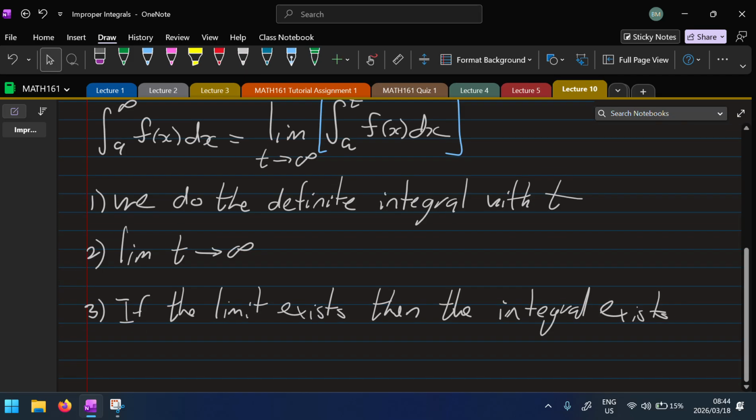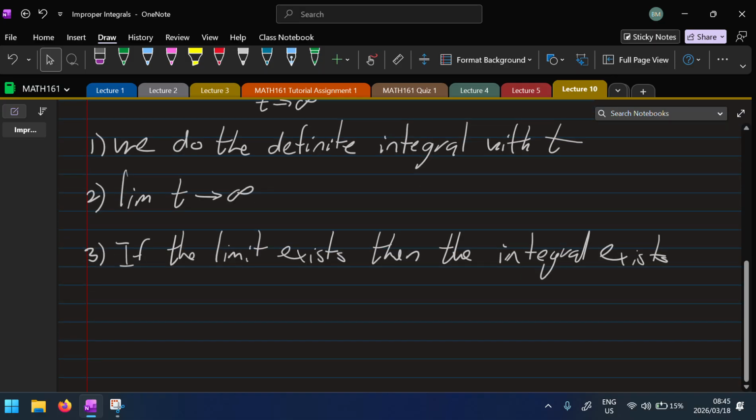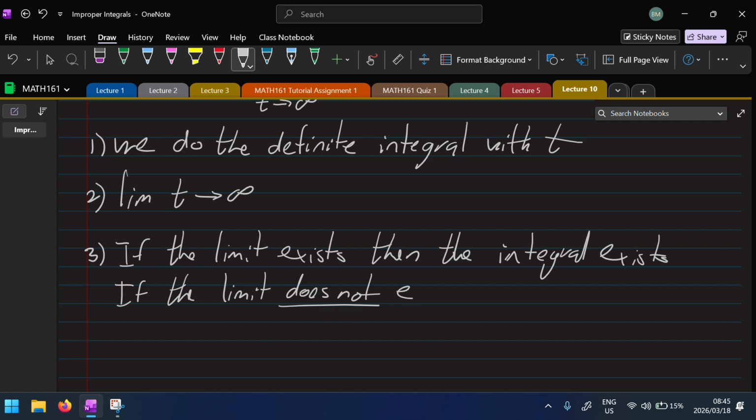So there's some area under the curve, and there's some number we can put to it. If this limit does not exist, then the integral does not exist.